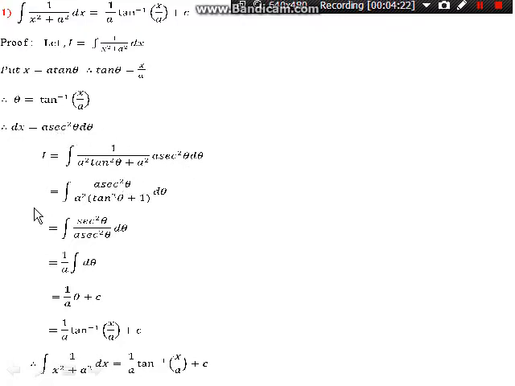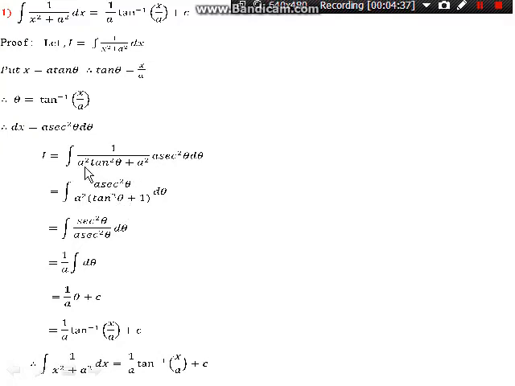Okay, now that is equal to the integral of a sec square theta d theta in the numerator, and a square tan square theta plus a square in the denominator.